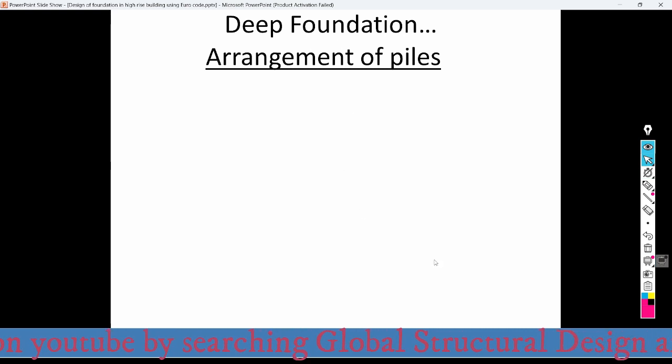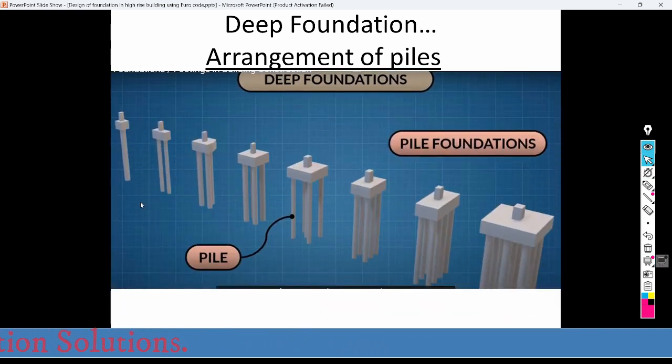So here there are some pictures showing the arrangements of the piles. This is the arrangement of the pile foundation. Here this is a single pile with a pile cap. This is the pile cap, and this is the pile. And here we have two piles. These piles may be driven, or may be bored piles.